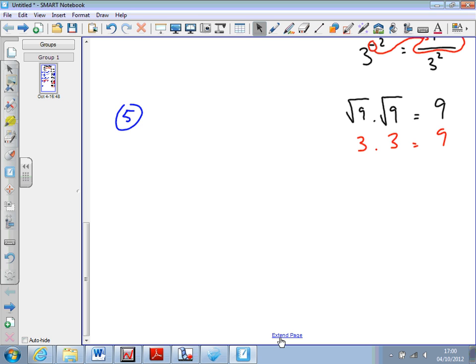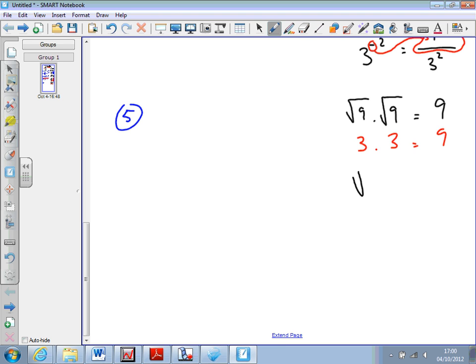So if I can apply that to the idea of indices, what I say to myself is, okay, if I have a number, let's say the square root of x, well no, I better leave this as an example over here because that's not the law of indices.